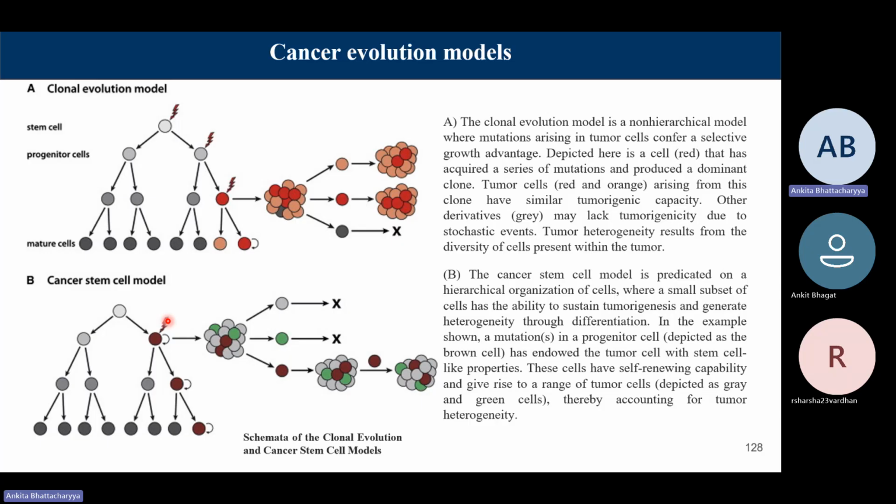There are different models, different research articles which support the clonal evolution model as well. There are actually some studies which have correlated the two with each other. Clonal evolution and the cancer stem cell model have been studied together, because in the long run, as a researcher, you will have evidence that supports the fact that within the tumor there are certain cells which are stem cells.